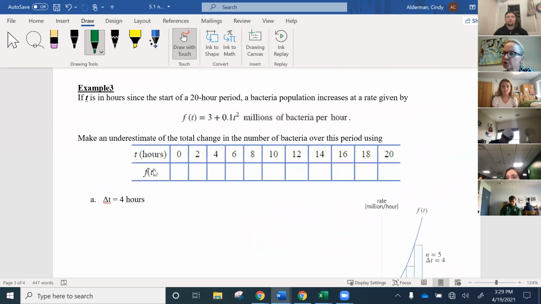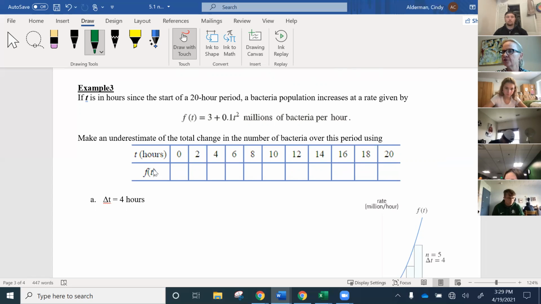All right, here's another totally different example. So here, this is all about a bacteria population growing. Well, it makes sense that that's also another type of rate, right? So in this example, they're giving you the actual function. And this is exciting because, well, we probably won't do it until 5.2.